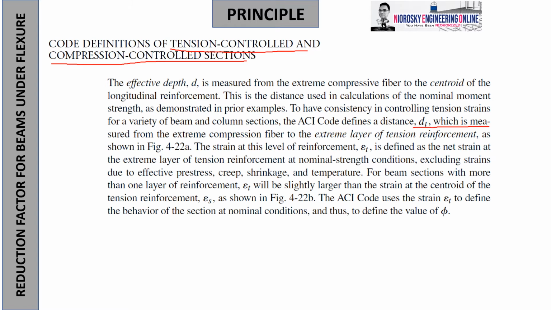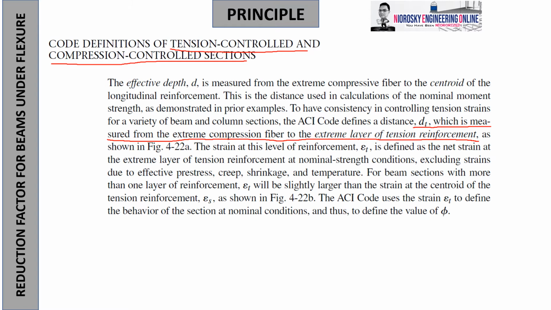Which is the measurement from the extreme compression fiber to the extreme layer of the tension reinforcement, or simply say the nearest layer of the reinforcement. It should be explained as the nearest layer of the tension reinforcement to the nearest tension fiber of concrete, okay, as shown on the figure that I will show later.